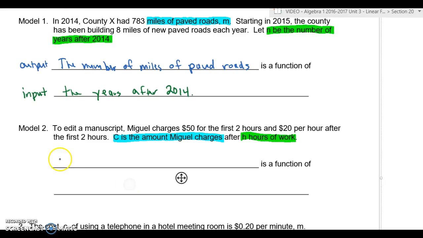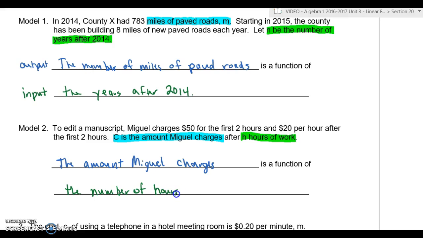So the amount Miguel charges is a function of, well, his input, which in this case was the number of hours that he works. Works more, he's going to charge more. Works less, he's going to charge less. So that's how we're going to read those situations.